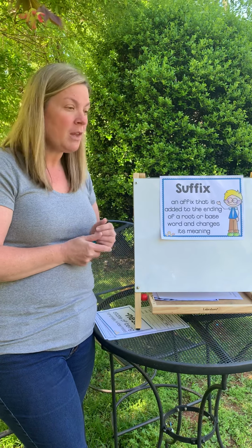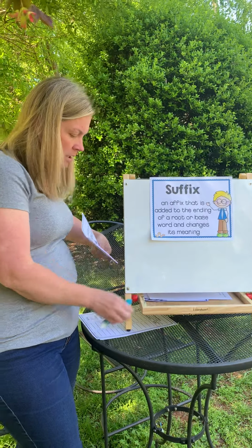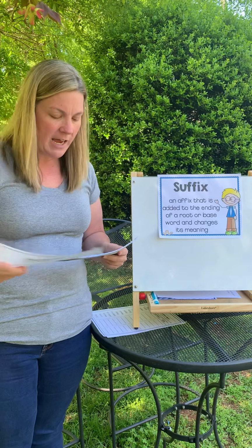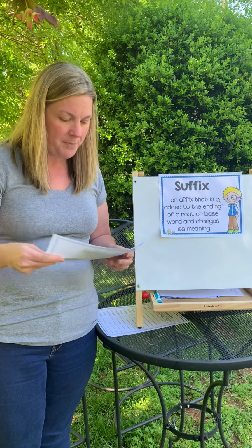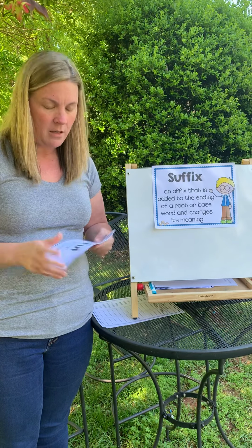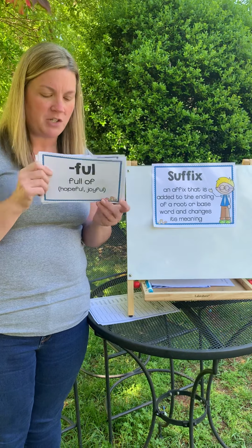Okay, so there's lots of different suffixes that we can use. Some of the ones that we use as first graders a good bit, FUL is an example of one, and I'll give you some examples in just a minute.